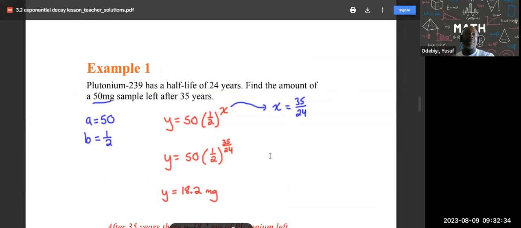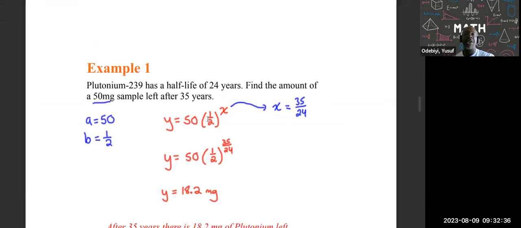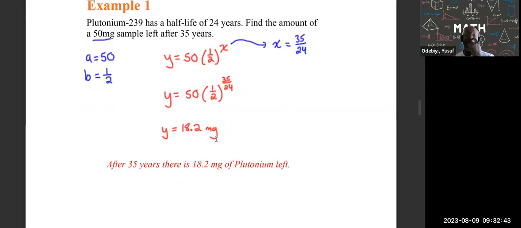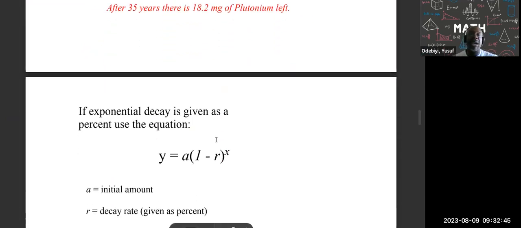So this is when you're just given a half-life. You put the half in there, and that's your decay. In some cases, you're not doing half-life. Sometimes it's just going down by a percentage, so it's decaying by a certain amount.